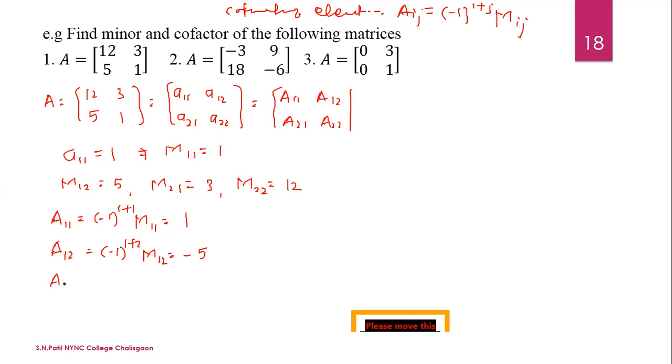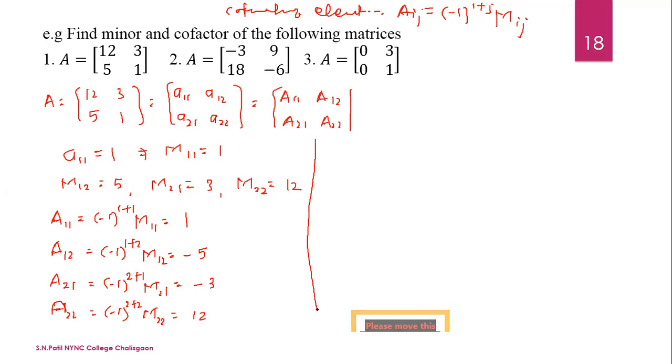Now A21 is minus 1 raised to 2 plus 1 into M21. M21 is 3, and keep the minus sign as it is. Now last, A22, that is minus 1 raised to 2 plus 2 into M22. M22 is 12, and the sign is positive. Otherwise remember plus minus, minus plus, plus minus, minus plus. Okay, so these are the minors and cofactors of the elements of the first matrix.